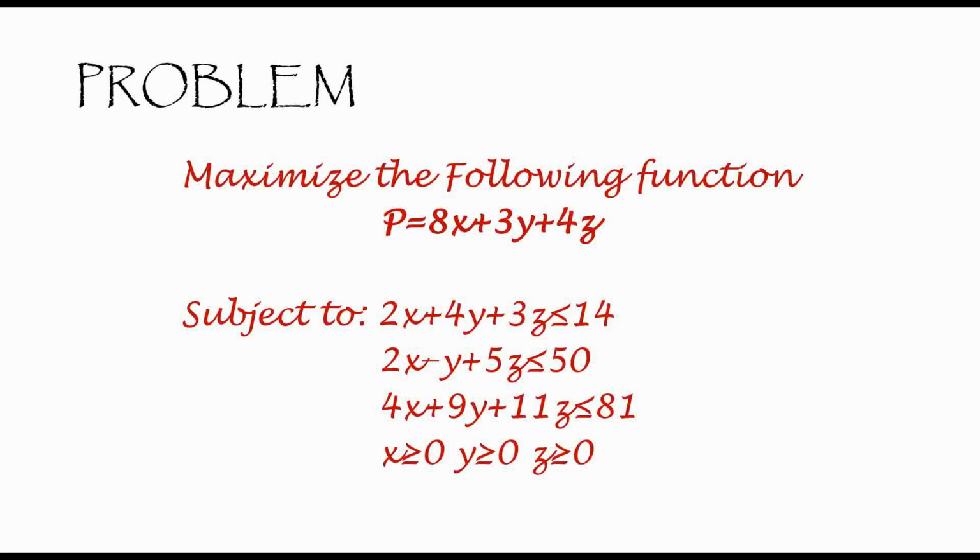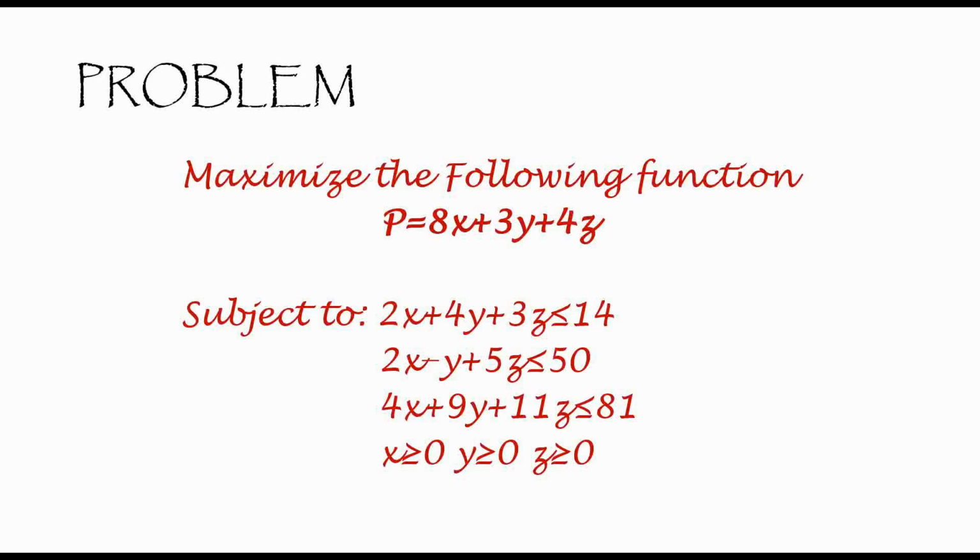Okay, this is our problem. Here is our function to maximize: P equals 8x plus 3y plus 4z. We need to maximize this function, whereas these are the constraints. The simplex method is not only used for maximization but also for minimization.